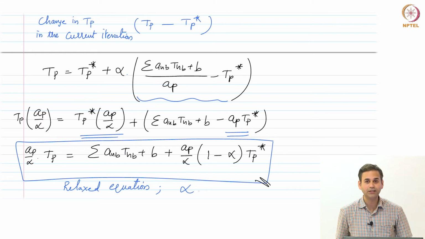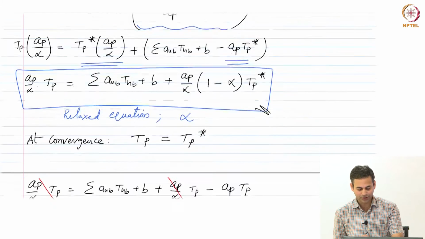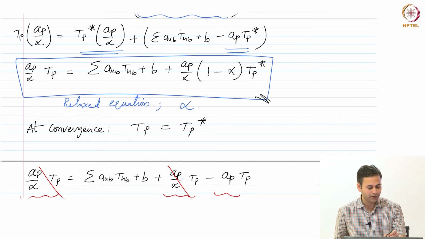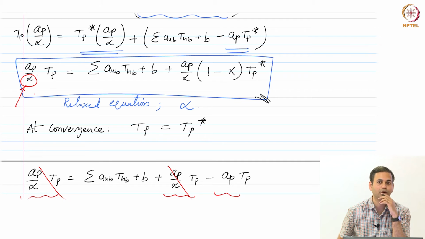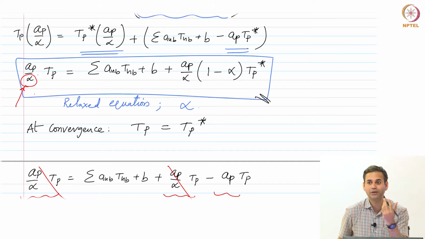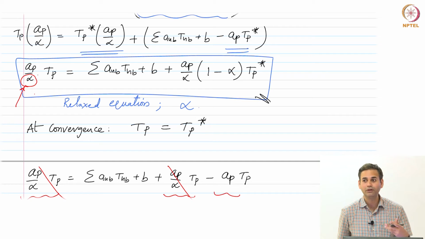Now, what is alpha actually doing when you have under relaxation? From the equations, let us say alpha is between 0 and 1. What is it doing to the central coefficients? Diagonal dominance. Your AP is now AP by alpha. As a result, it is now larger.